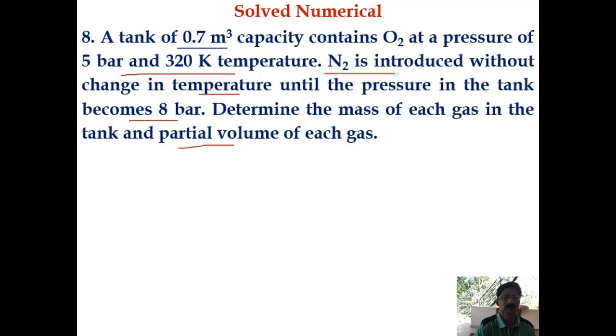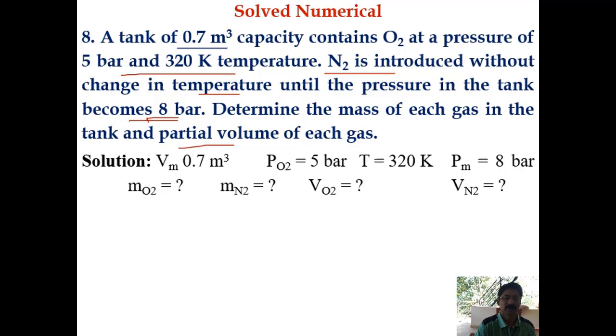Here the tank contains O2 at 5 bar and 320 Kelvin. Now we are introducing nitrogen without change in temperature until the pressure becomes 8 bar. You have to find what mass of nitrogen is introduced into the tank and the partial volume of each of these gases.